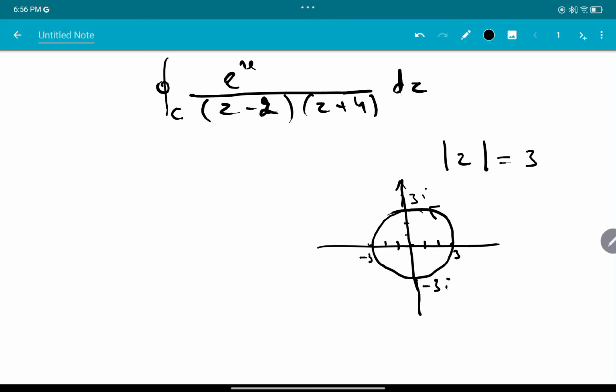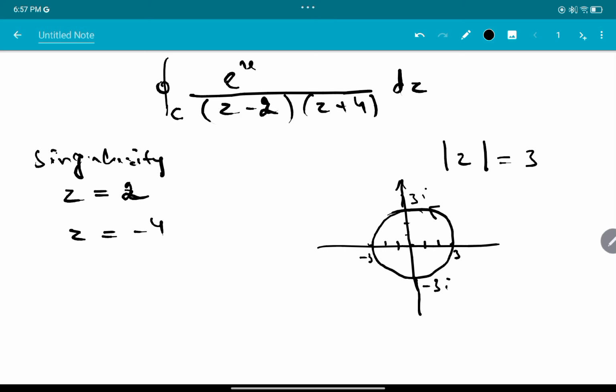So let us write here these singularities. First singularity, Z is equal to 2. Second singularity is Z is equal to minus 4, because you have to take Z plus 4 equal to 0, and that gives you Z equal to minus 4.